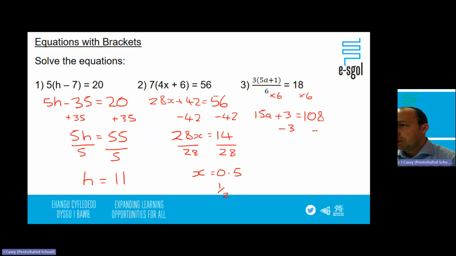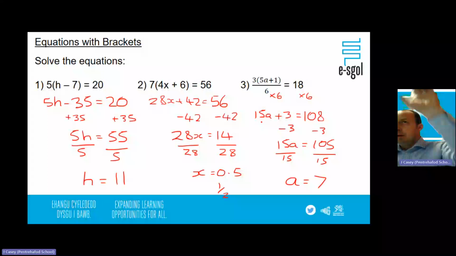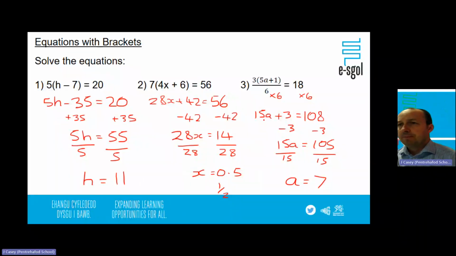Take away 3 from both sides, so 15a is 108, take away 3, which is 105. And then divide both sides by 15. 105 divided by 15 is 7. So a little bit trickier, but there's nothing really on there that we haven't covered on our basic rules.